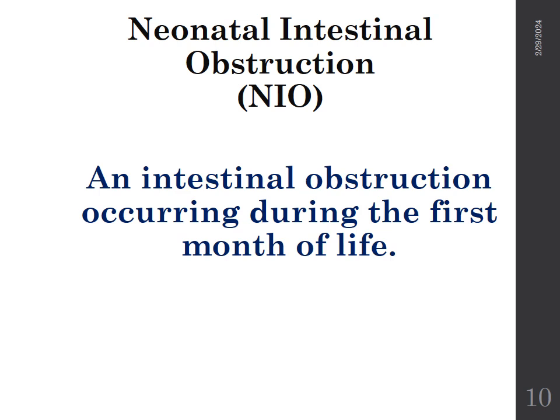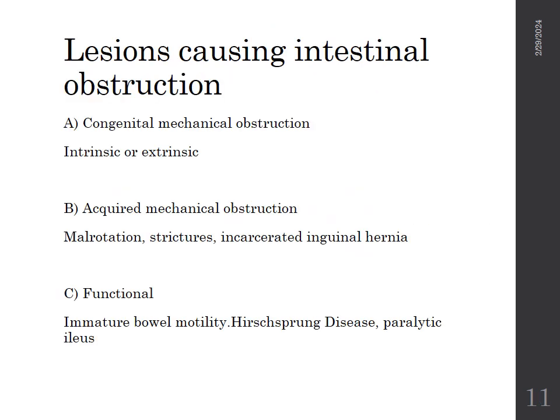We'll go on to the big topic of neonatal intestinal obstruction. Neonatal intestinal obstruction is an intestinal obstruction occurring during the first month of life. We have a very simple classification I wanted to refer to. We can divide intestinal obstruction into mechanical or functional. Mechanical obstruction can be divided into congenital or acquired.